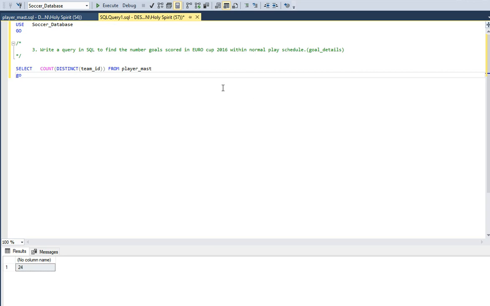Now, question 3. Write a query in SQL to find the number of goals scored in a Euro Cup 2016 within normal play schedule. Goal details. We have to open this table. So first of all, I'm going to check this one.